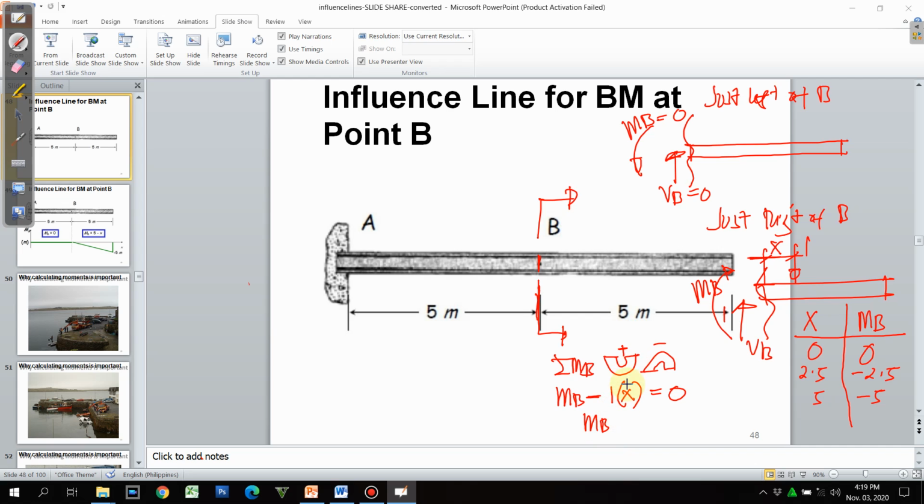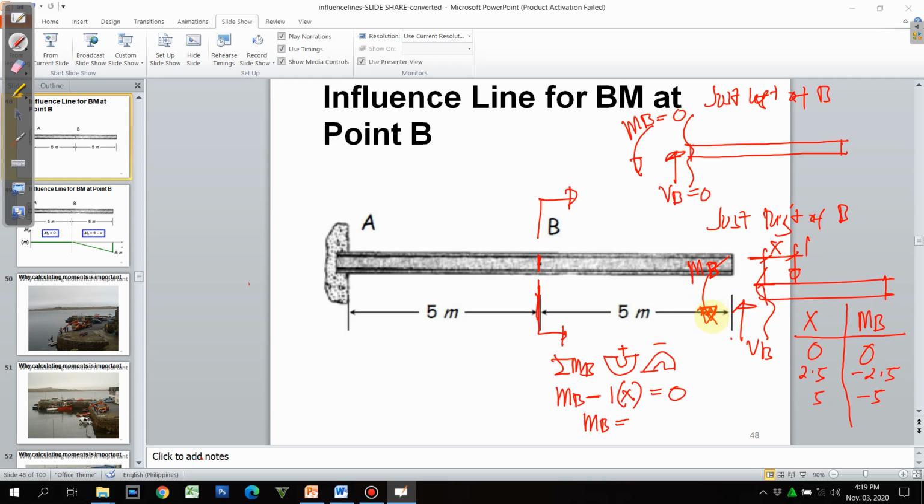Therefore, MB is, or just simply, we rationalize: since this one is clockwise, MB is counterclockwise.